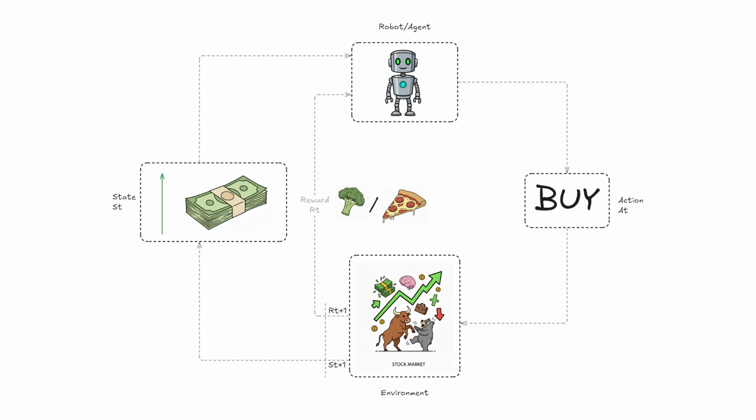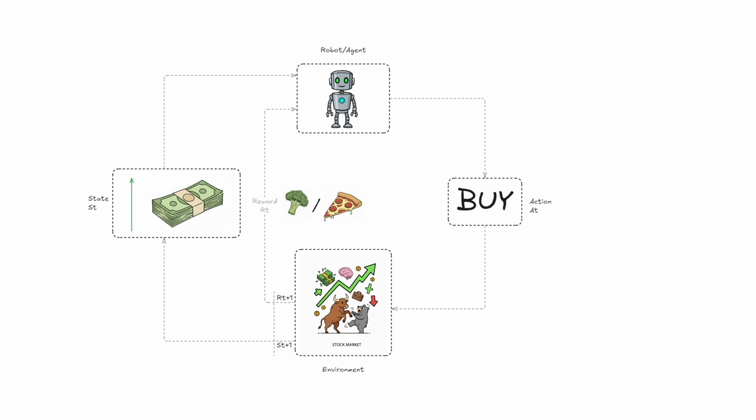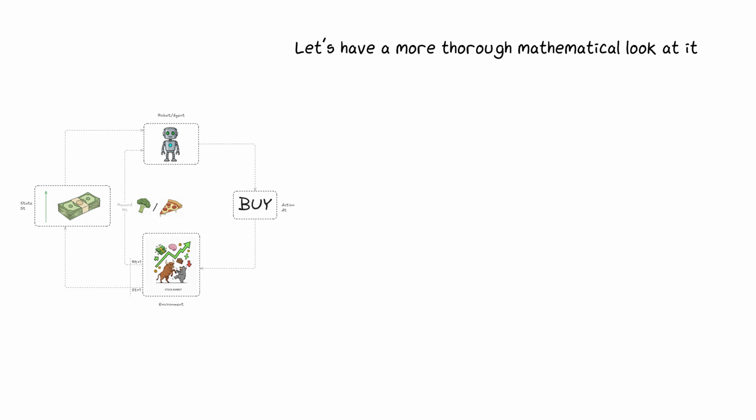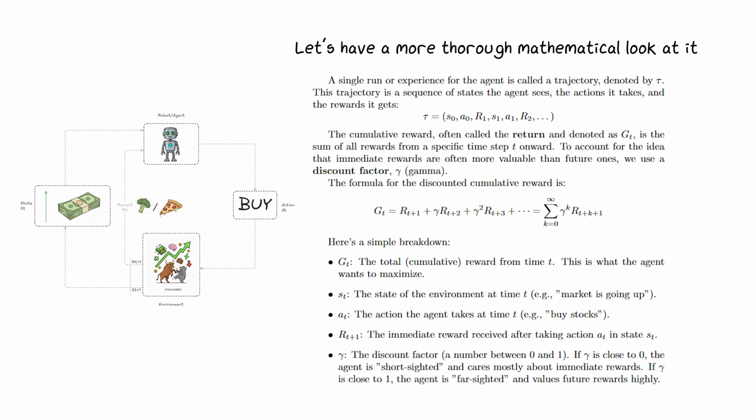A is the action, like buy stocks. We train this policy by giving it rewards. The robot starts random, but every pizza reward teaches it this action in this situation equals good. And every broccoli punishment teaches it this action in this situation is bad. Mathematically, it is expressed as maximizing the cumulative reward of a run.